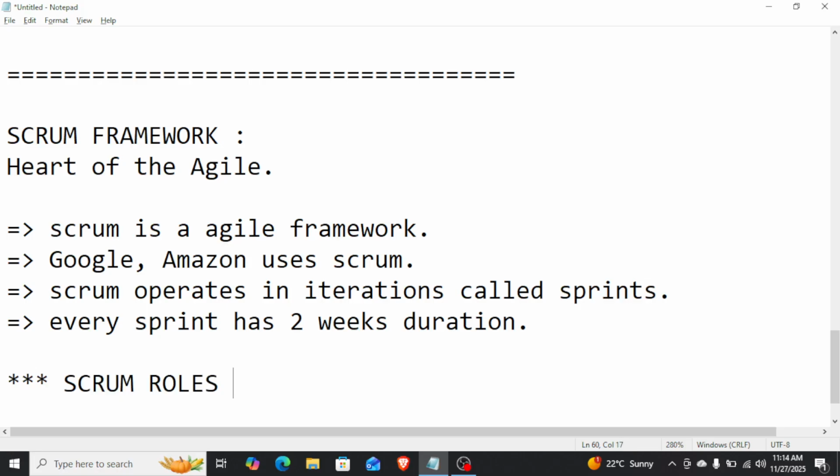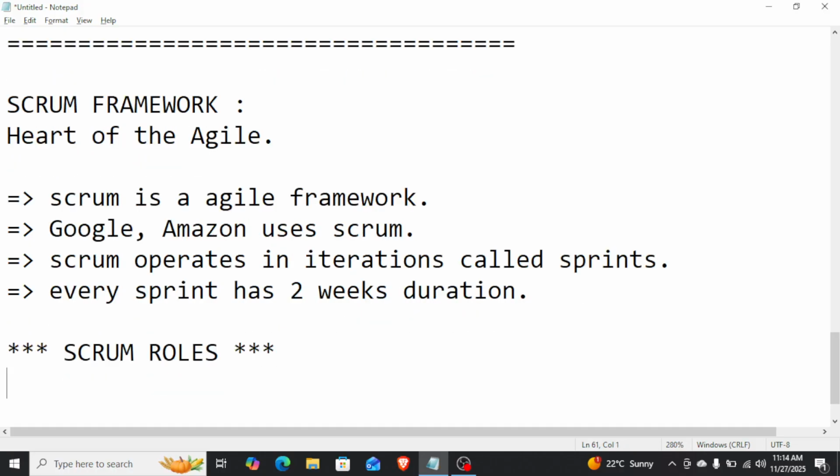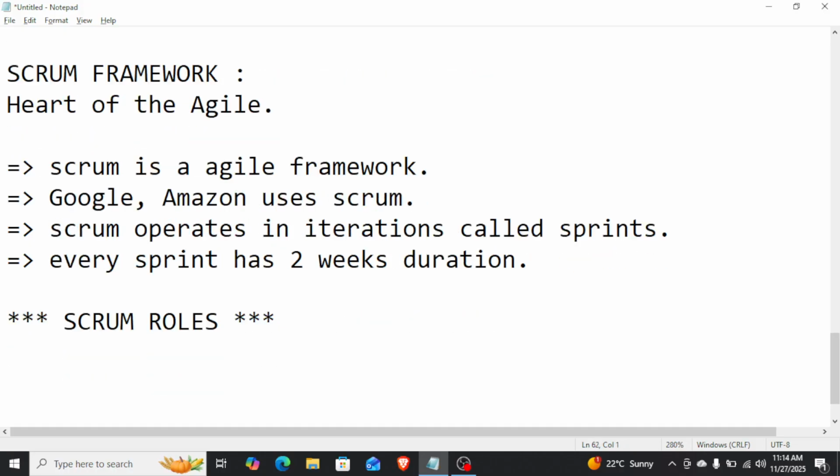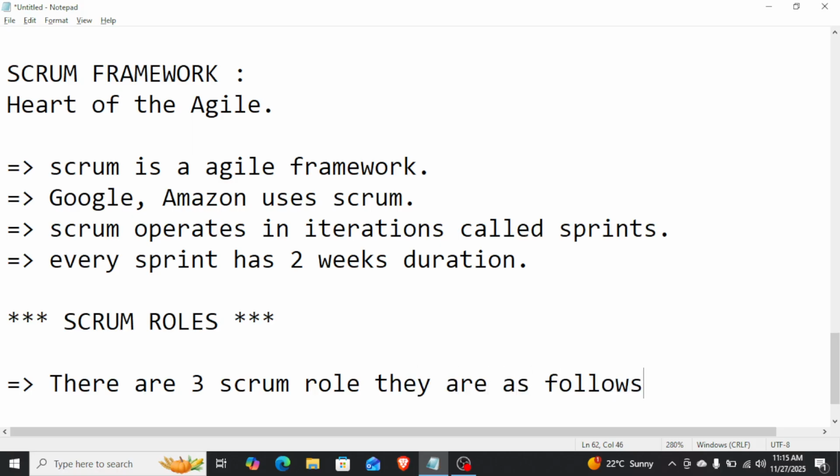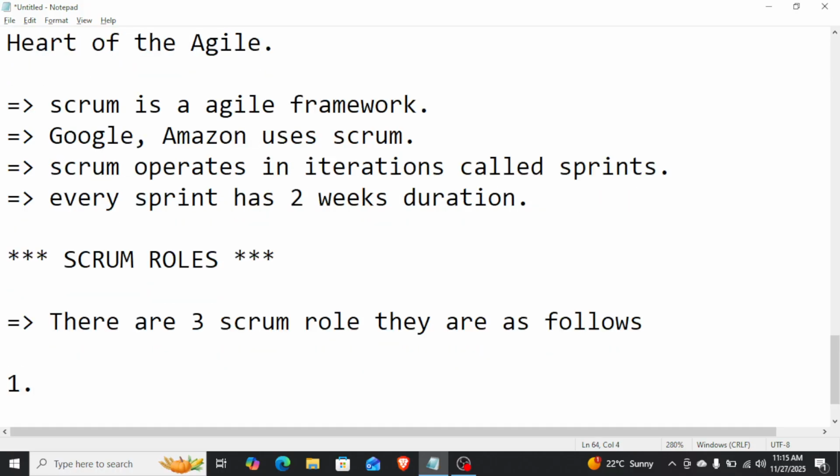Scrum roles. There are three Scrum roles. They are as follows. One is product owner, also called PO in short.